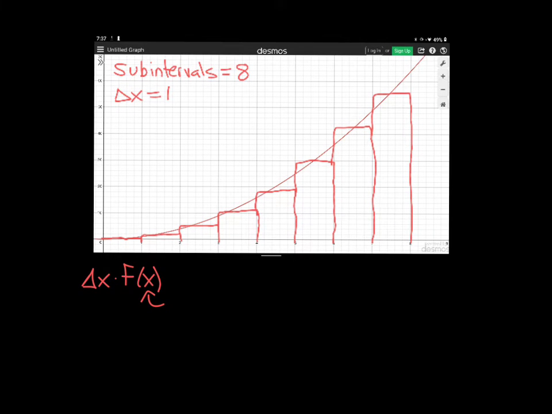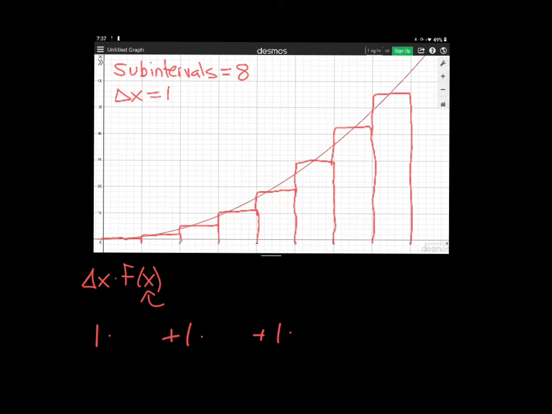But what we can say is that we're going to have 8 of them: 1 times something, plus 1 times something, plus 1 times something, and we're going to keep going. I'm going to start filling out those somethings in a second, but our widths are all going to be the same.